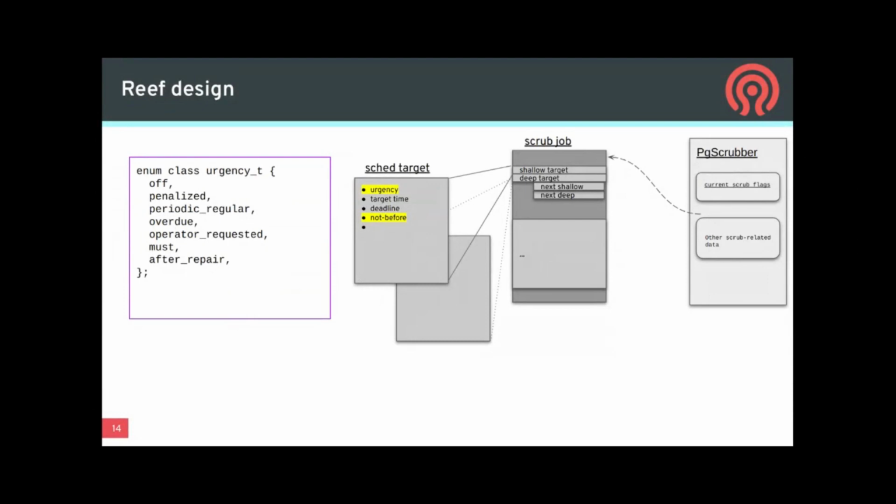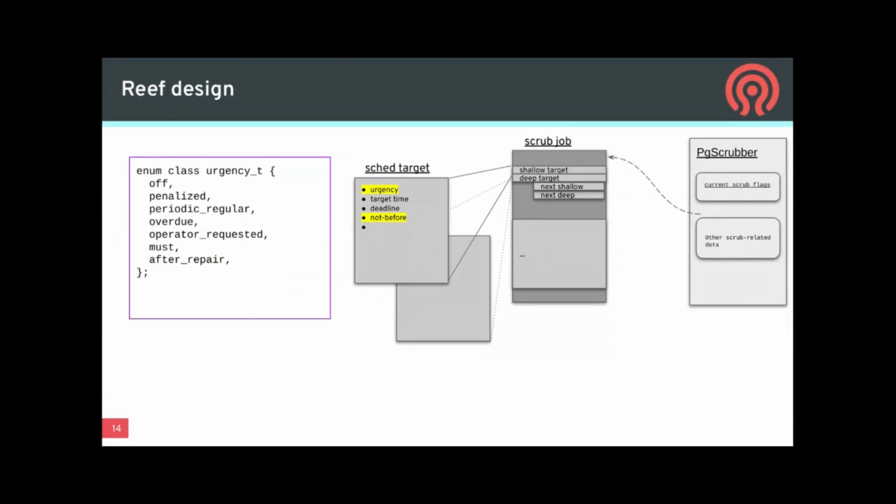And we have the after repair, which is an immediate type of deep scrub that is performed after repair in some instances, and should be scheduled immediately after the repair, and that is why it's given the highest priority. All in all, those urgencies encompass most of the functionality of the existing scrub flags.